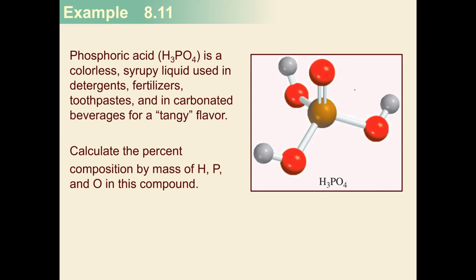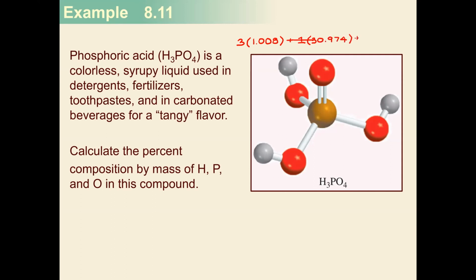So the first thing that I'm going to need to do is go and get the molar mass of the entire compound. So what I need to look at is that I have 3 hydrogens, so I will do 3 times my molar mass of 1.008. I will then need to add that to phosphorus. Notice that I only have one phosphorus, so we'll do 1 times 30.974.